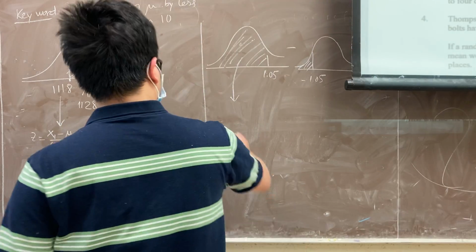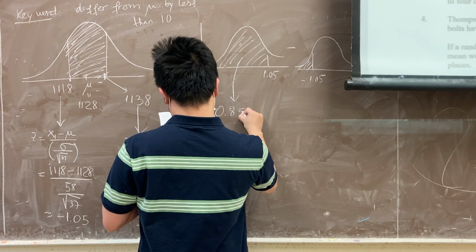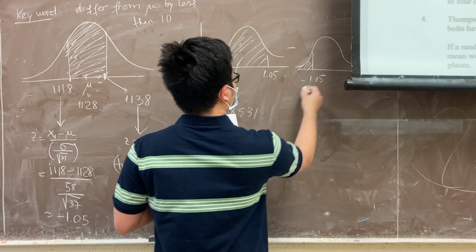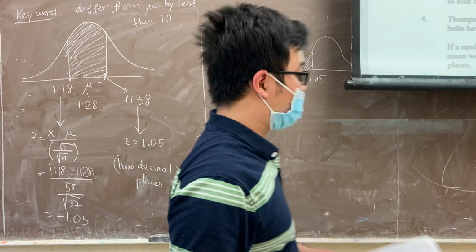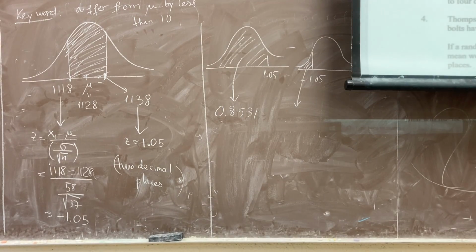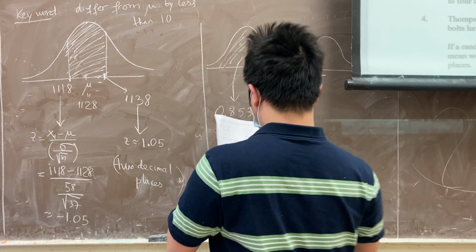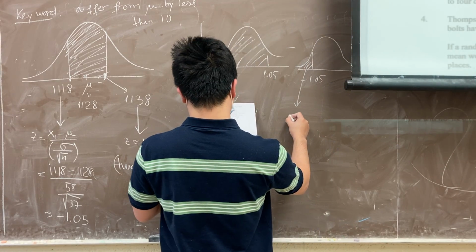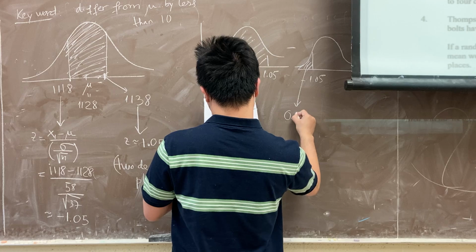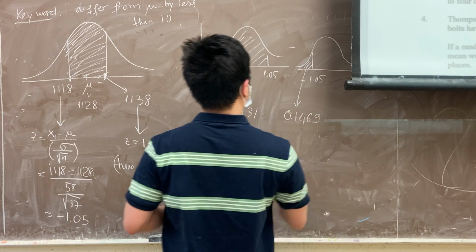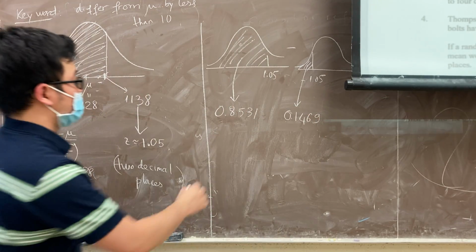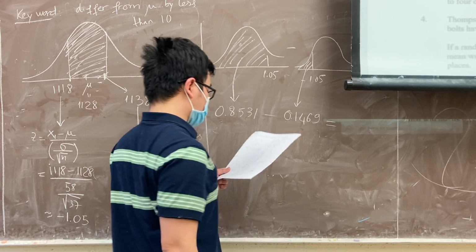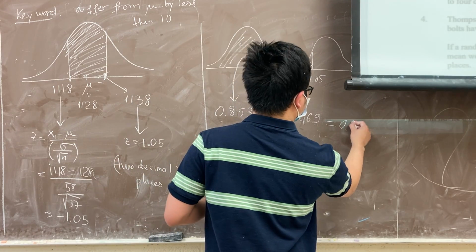So I write down here. And similarly, you will find the area for this value. After you find the two values, you subtract them, and you will get the result here.